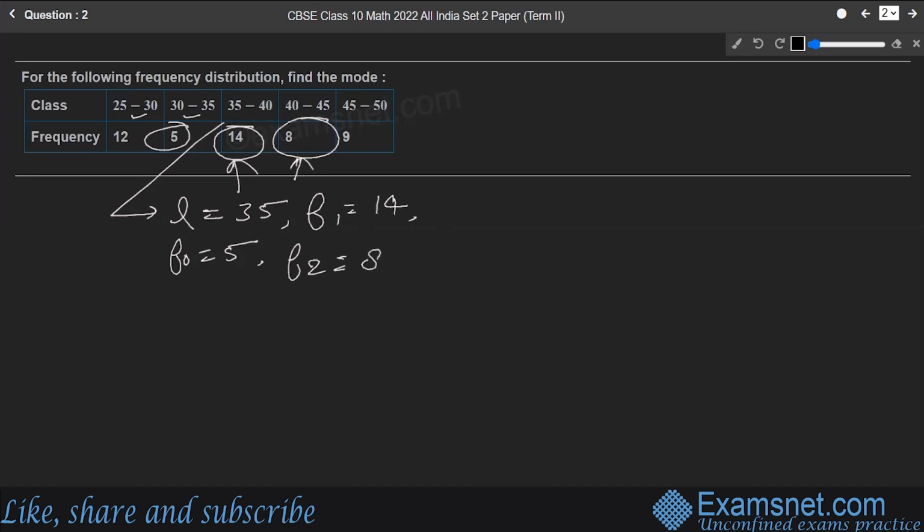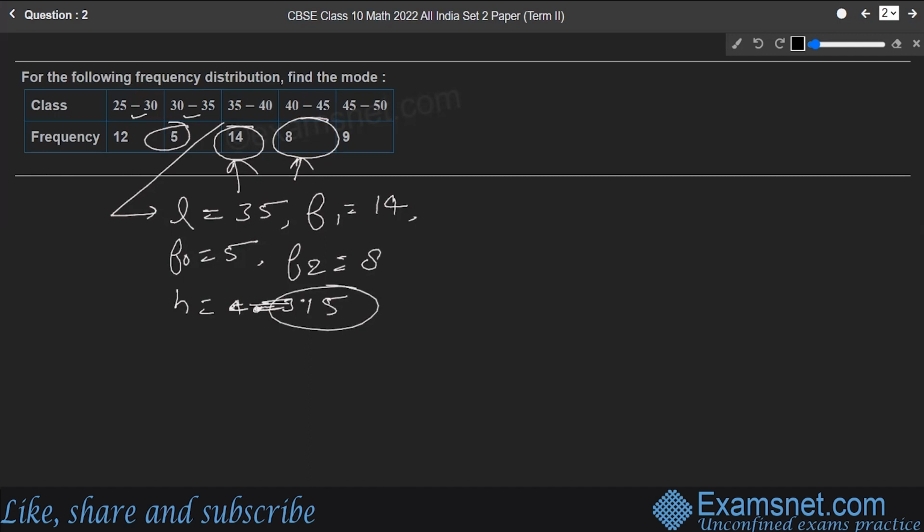And H is the class width. What is the class width? 40 minus 35. So H value here is 5.